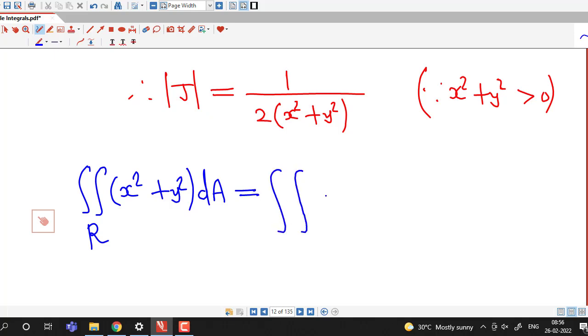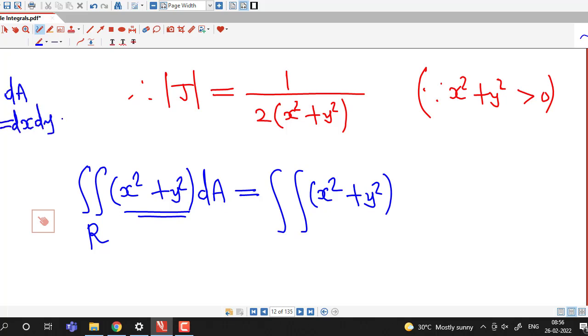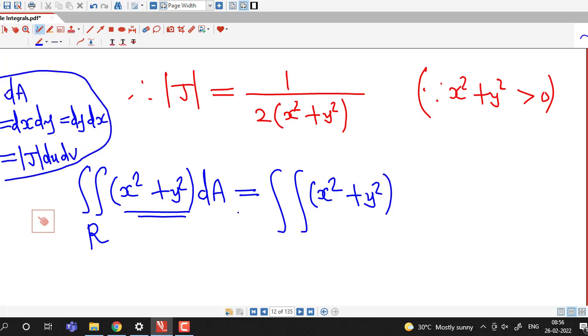I am not converting x square plus y square in terms of u and v, and this dA, either dx dy or dy dx, we are going to replace by the absolute value of the Jacobian times du dv.